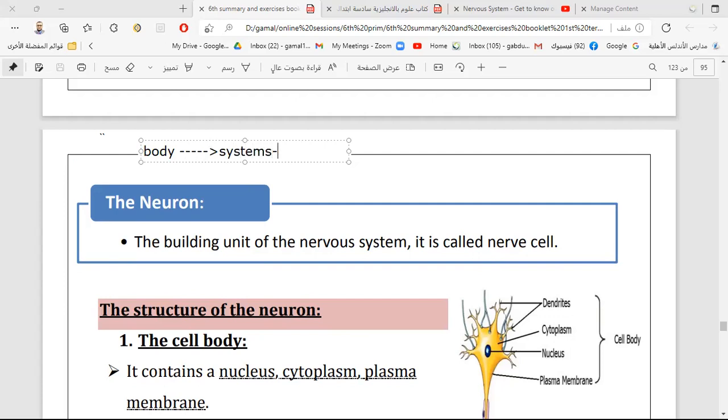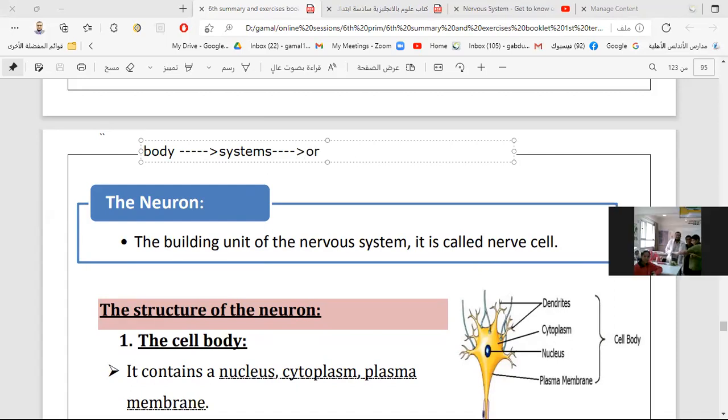Digestive system, yeah, very good. Respiratory system, nervous system, locomotory system, and so on. We have many systems in our body: reproductive system, circulatory system, excretory system.